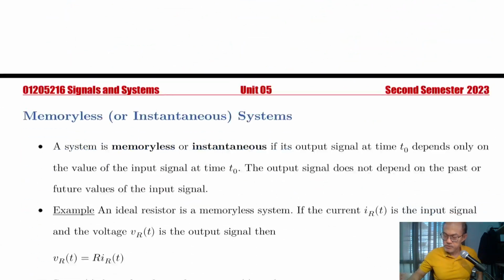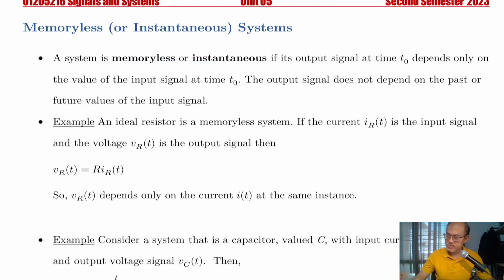So the next property is memoryless. A system is called memoryless or instantaneous if the output of that system at any time depends on the value of the input at that same time. The value of the output doesn't depend on the future input, doesn't depend on the past input.